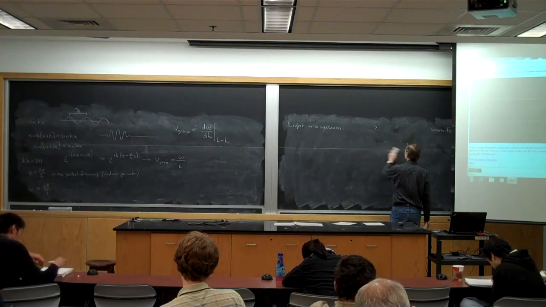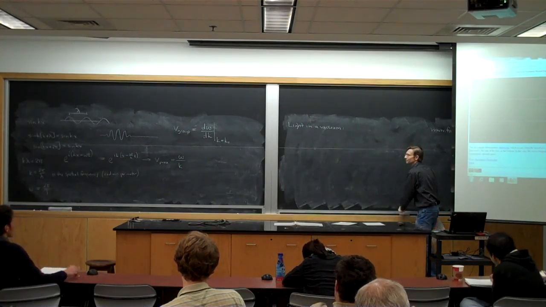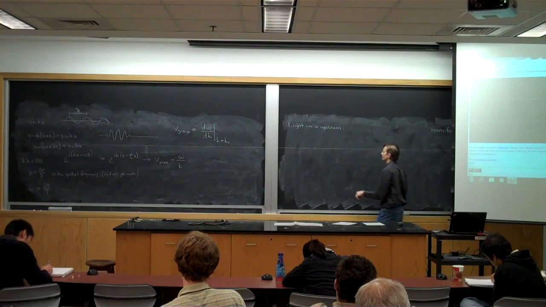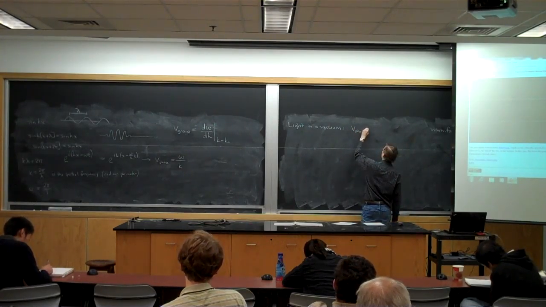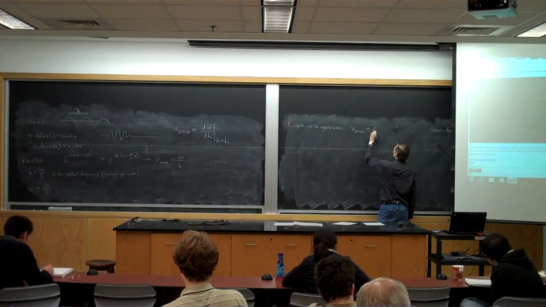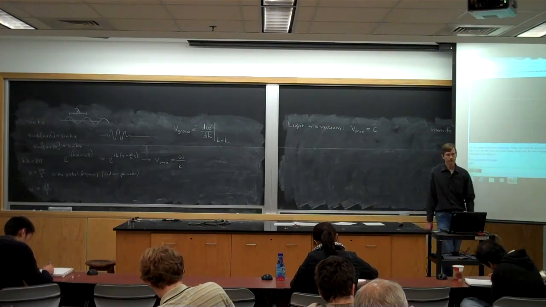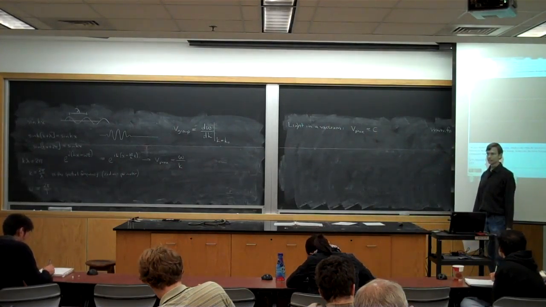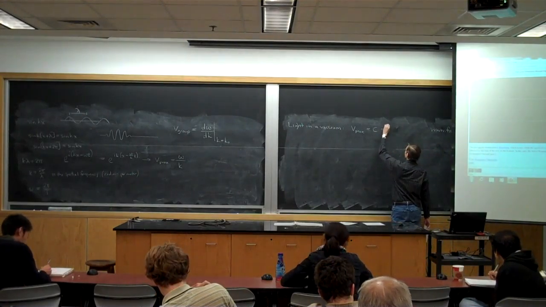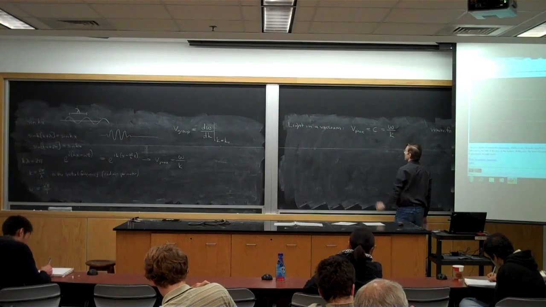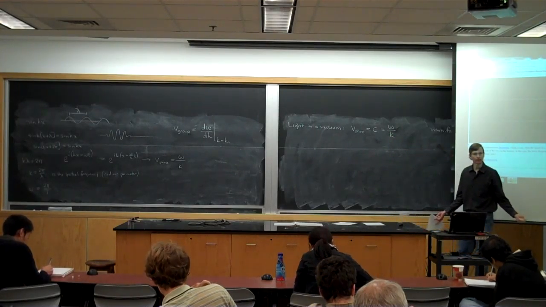Light in a vacuum. What do we call the speed of light in a vacuum? C, right? V phase for light is c. Light of all wavelengths travels at the same speed. So it must be that c is omega over k for light waves.